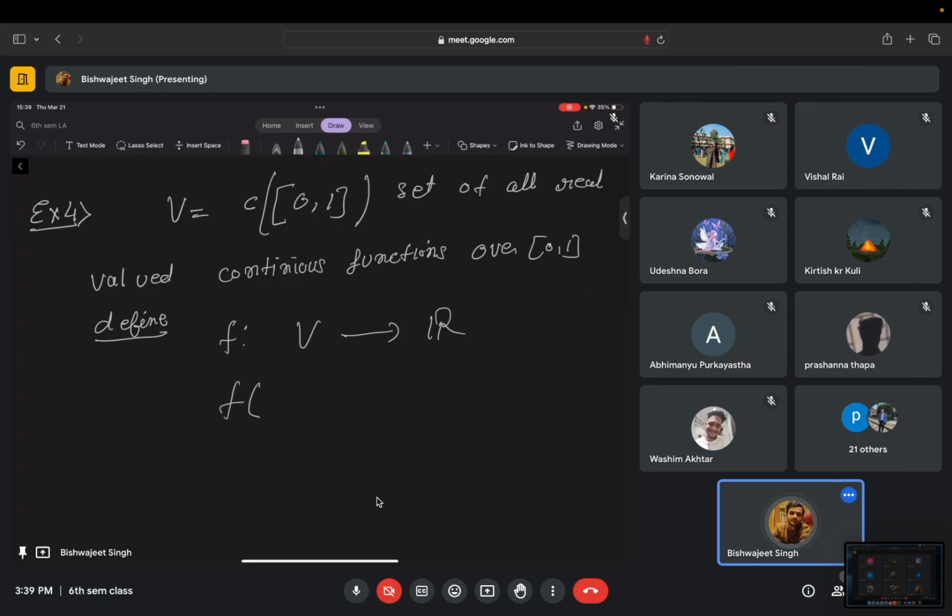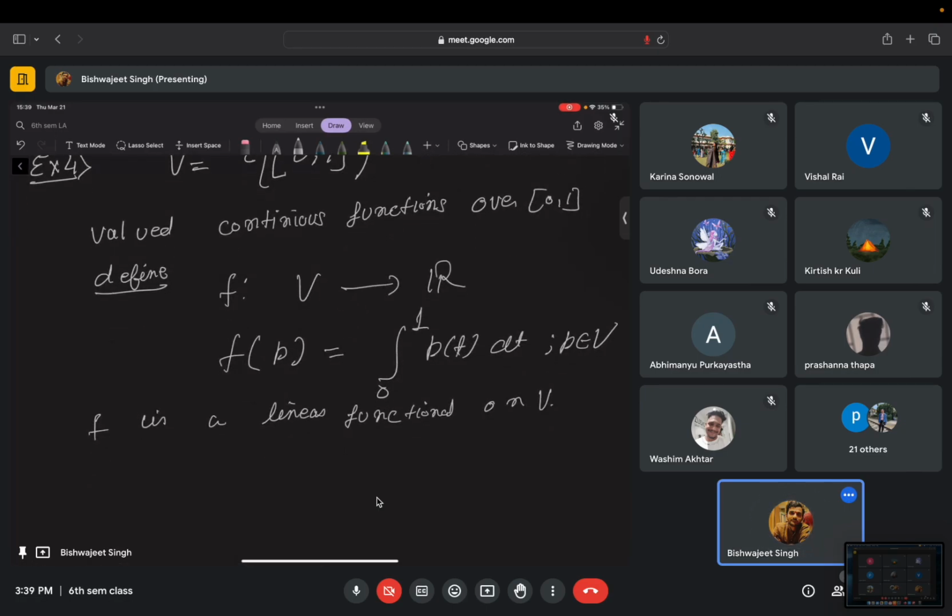The definition is that f of p is nothing but you just take the integration from 0 to 1 of p(t) dt, where p belongs to V. In this case also you will find that f is a linear functional on V.